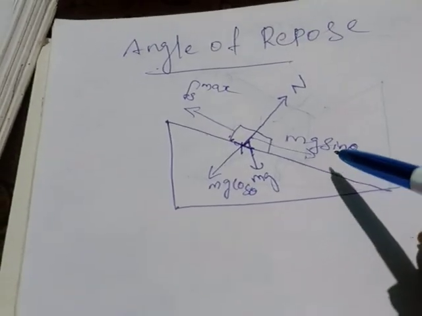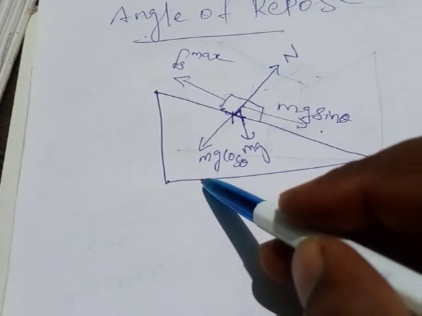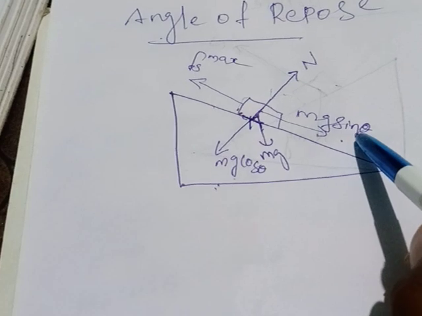The gravitational force mg is resolved into these two components. mg cos theta is the perpendicular component and mg sin theta is the parallel component.